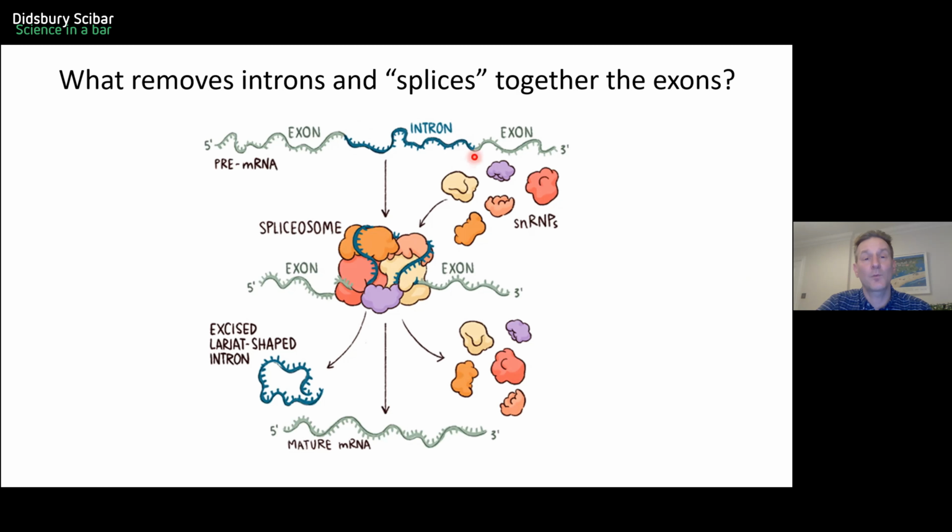And this spliceosome complex comes in, and you can see here it's interacting with the exon and the intron. What it does is it finds where the ends of the intron are, cuts those two ends, and then joins the two exons together, releasing that intron that it doesn't need to make the mature messenger RNA.